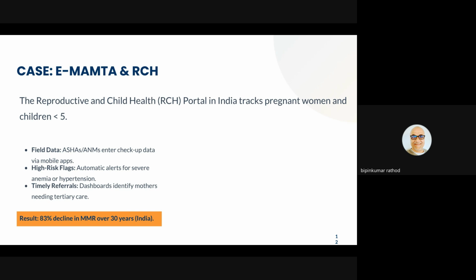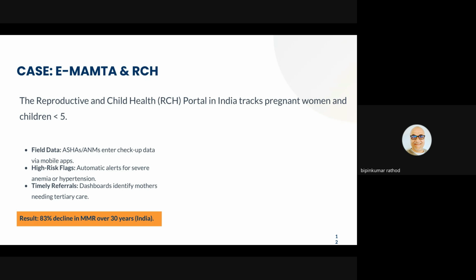And how did we do it? It's tracking of each child and each mother through the dashboard. You are tracking each mother and each child in the district-level, state-level, and national-level dashboard. So none of the mothers can escape from this net.